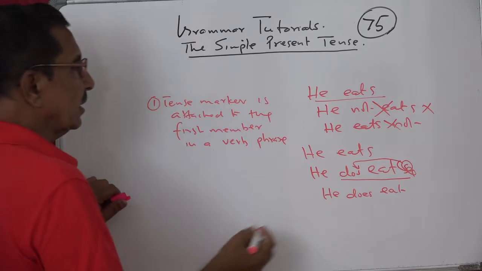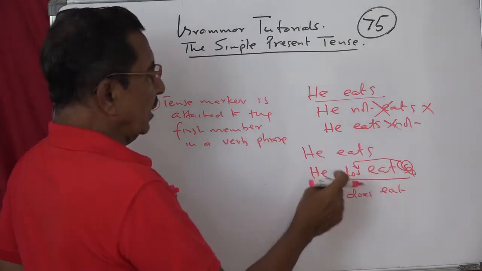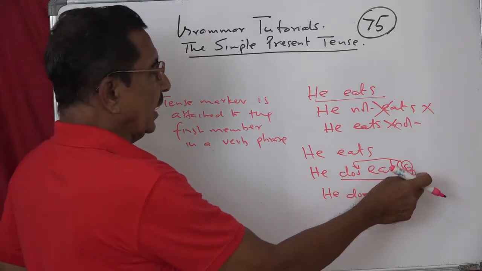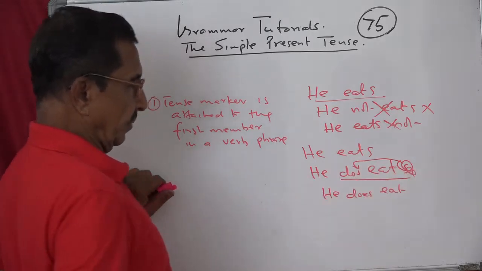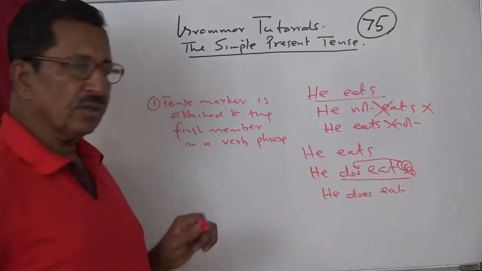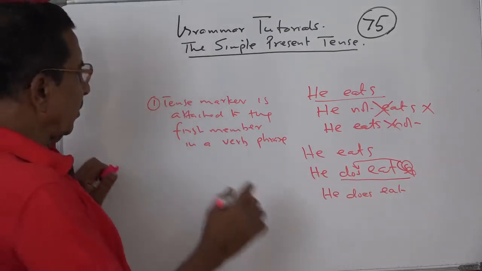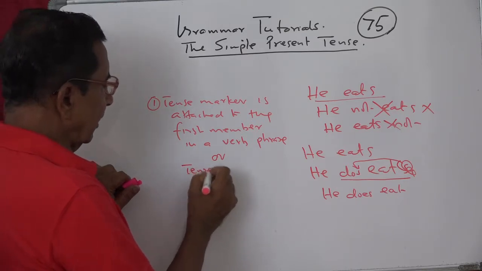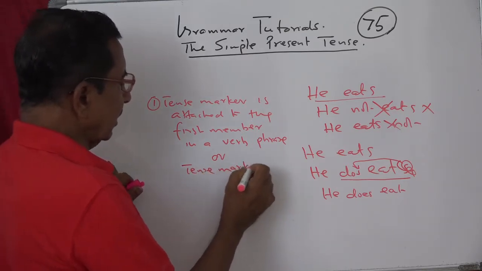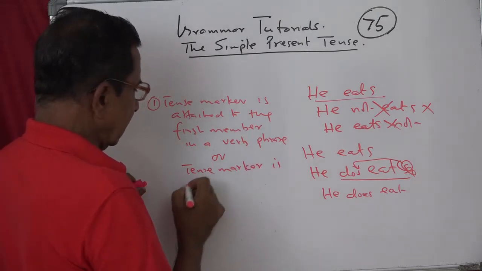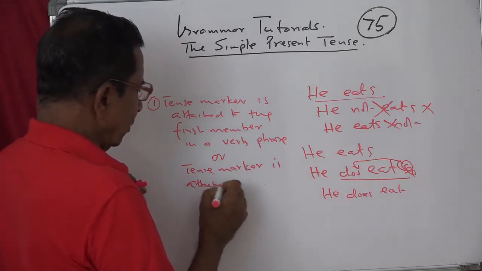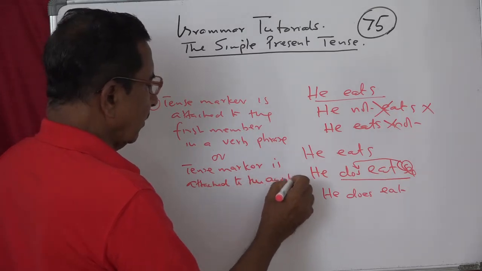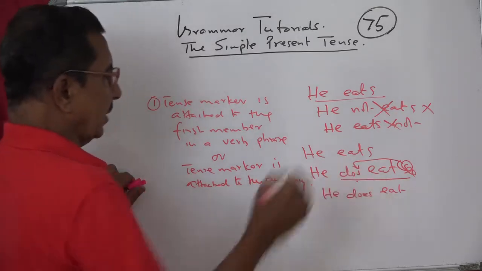So this is what we have done. Here you have got two members. So what do you do? Take this and add it here, first member. And the first member is an auxiliary. So you can also say, tense marker is attached to the auxiliary. So that is the same thing.